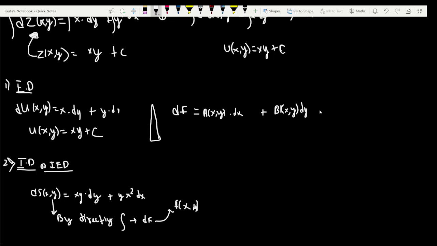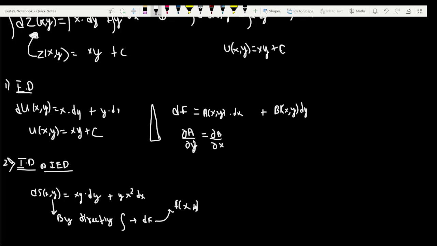If someone asks you to find out whether this differential is exact or inexact, there is a very powerful thing you can do. Mark my words, this is very important: if the partial derivative of a with respect to y is equal to the partial derivative of b with respect to x, this means that the differential is exact.